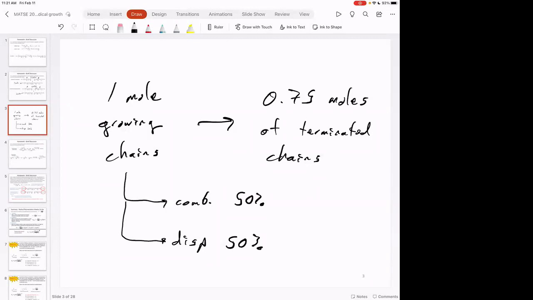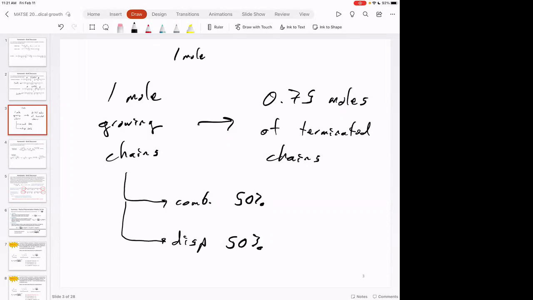So you can reason your way through it, or you can make a little equation. I've got 1 mole, and I multiply by my combination fraction.